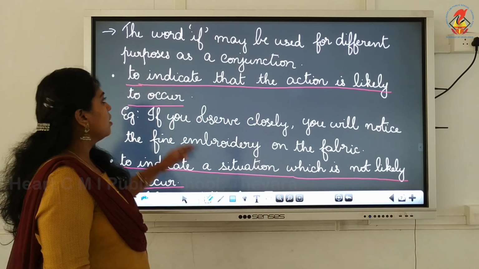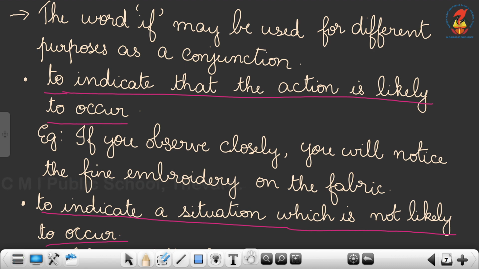The word if may be used for different purposes as a conjunction. The first situation is to indicate that the action is likely to occur, most probably it will happen. For example, if you observe closely, you will notice the fine embroidery on the fabric.